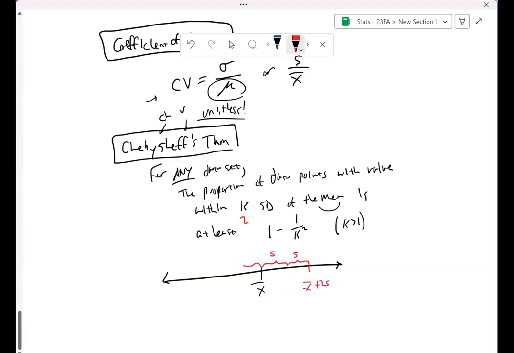And I could do the same going to the left. So any data point that has a value in this interval of the real line will be within, in this case, 2 standard deviations of the mean. And any data point with a value to the left of that lower bound or to the right of the upper bound will not be within 2 standard deviations of the mean.